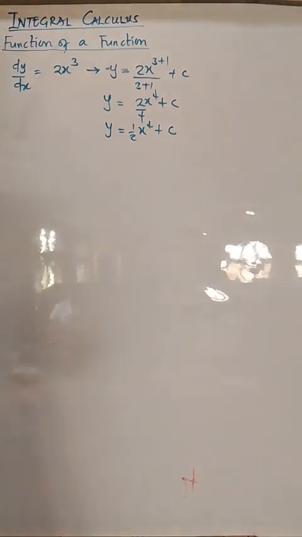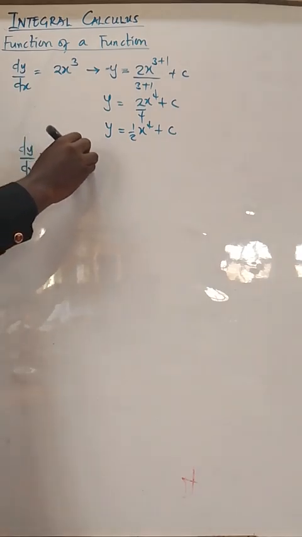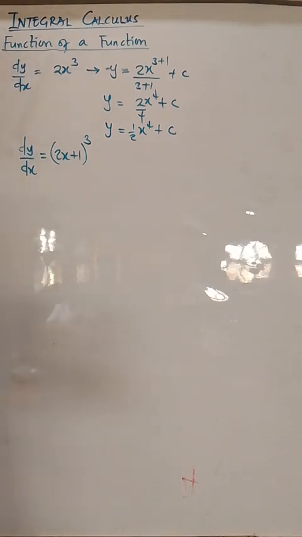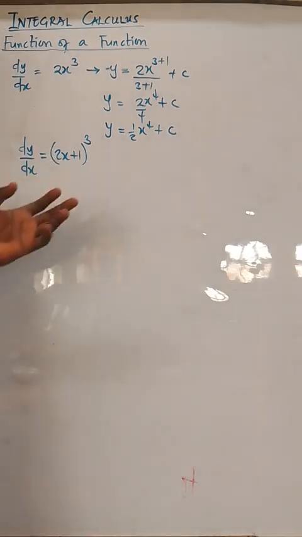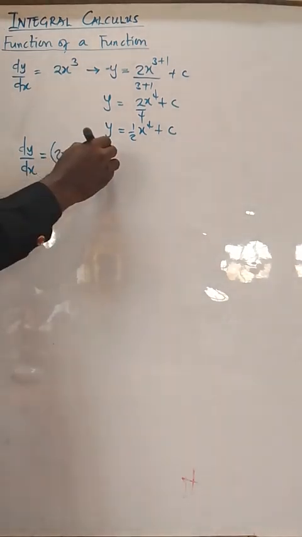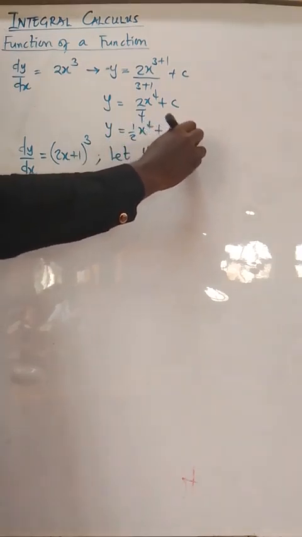So suppose dy/dx equals 2x plus 1, all cubed. Now in this case, you might think you want to expand, but to expand would be a bit long, so you don't need to expand this. So what are we going to do? We can let u equal 2x plus 1.